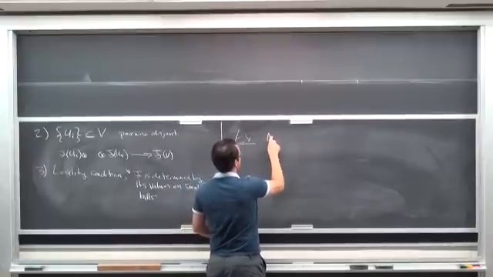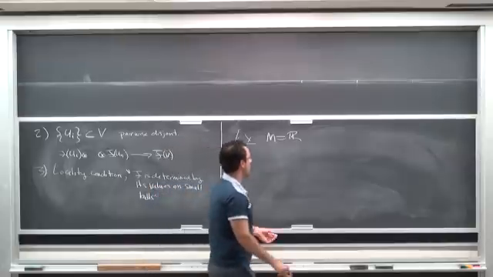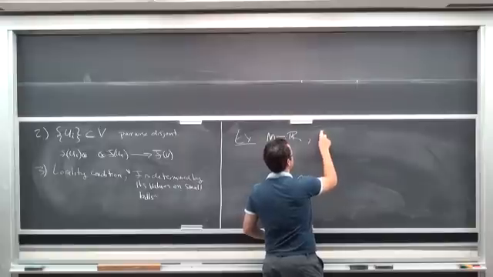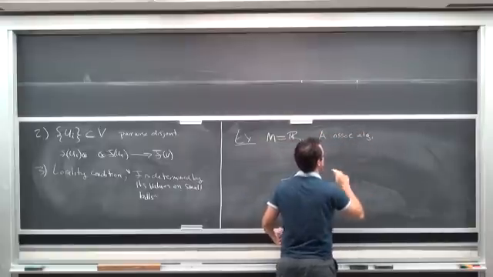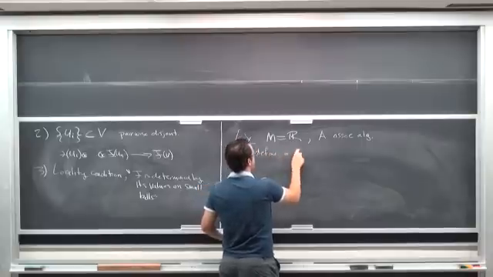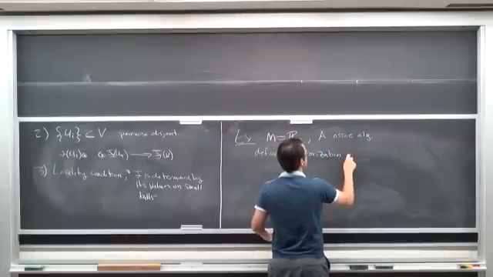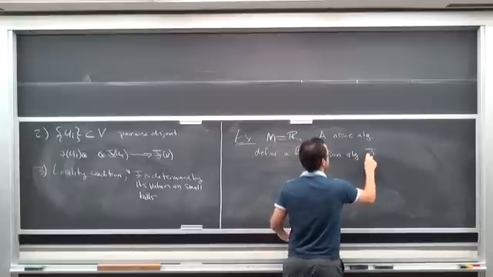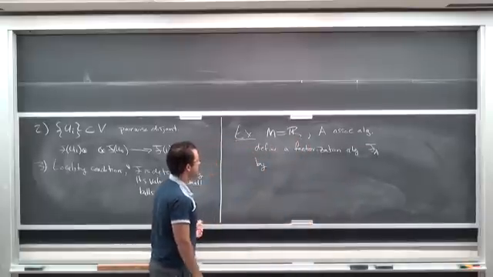OK, so now I'm going to define a factorization algebra on R, and it's going to be coming from an associative algebra. It's not going to be very interesting.